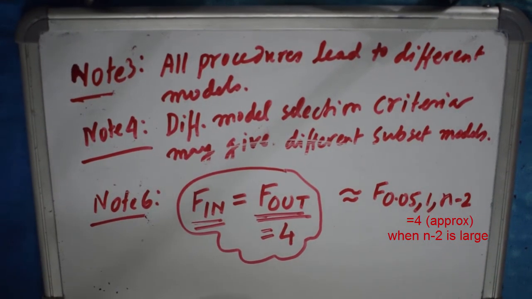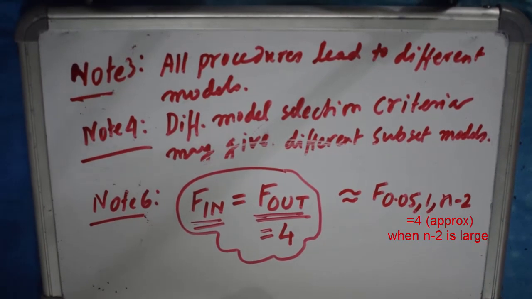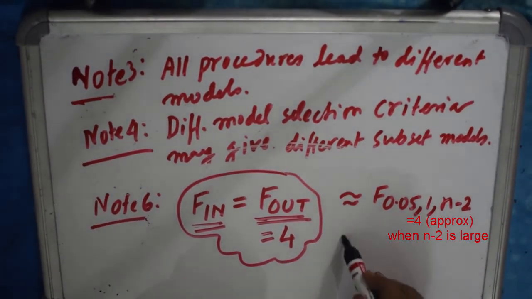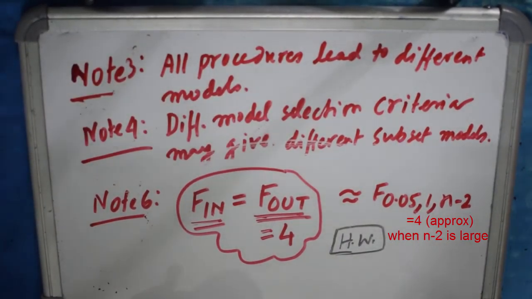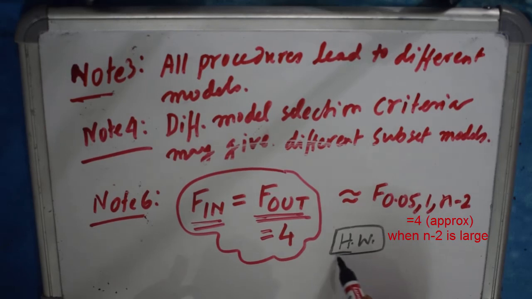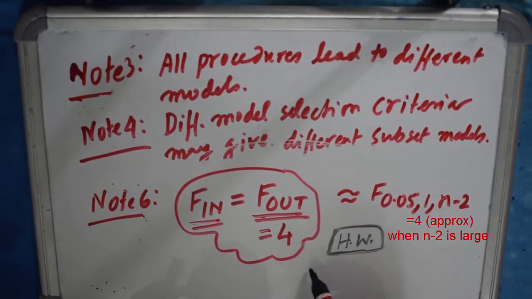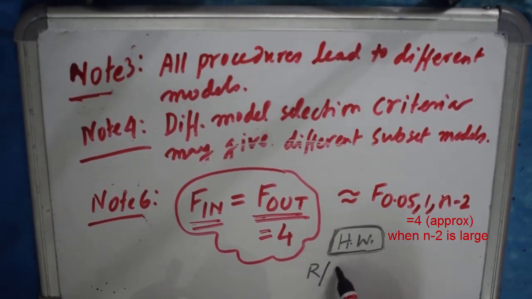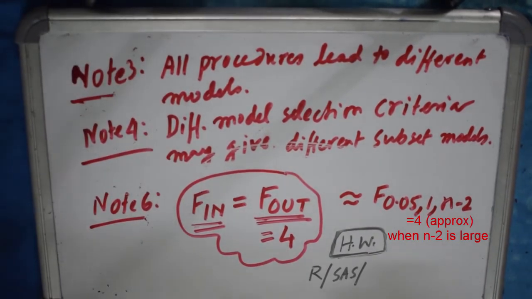Hope you enjoy these classes, and this is homework for you. Please, using this algorithm, create a code using R, SAS, Python or any other statistical package regarding this model building procedure.